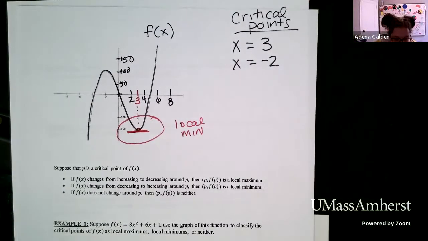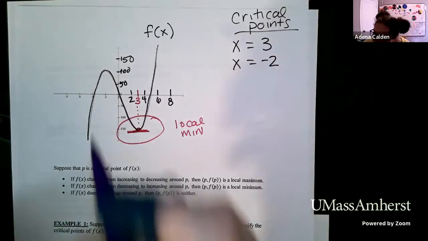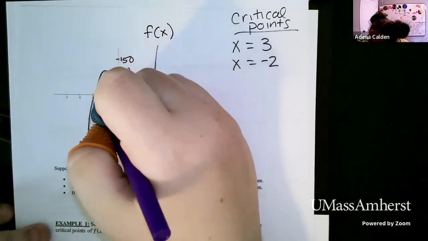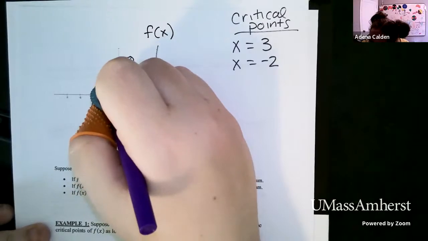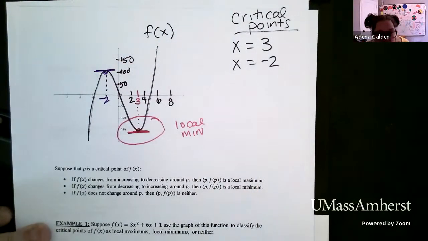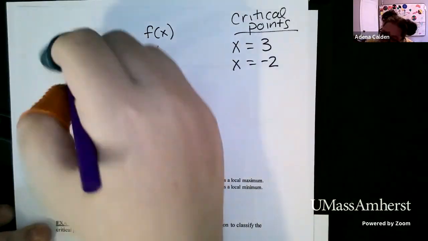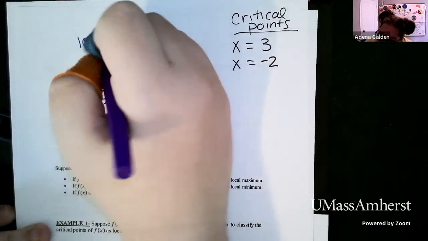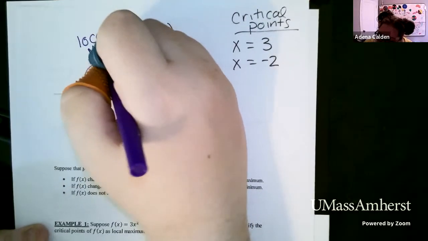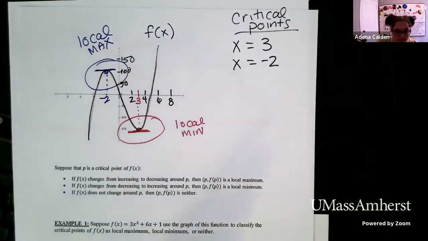And if we go to -2, which is right about here, we go up, we find the place where we have the horizontal tangent line. We can visually inspect this and see that it's a local max because it's the top of a hill.